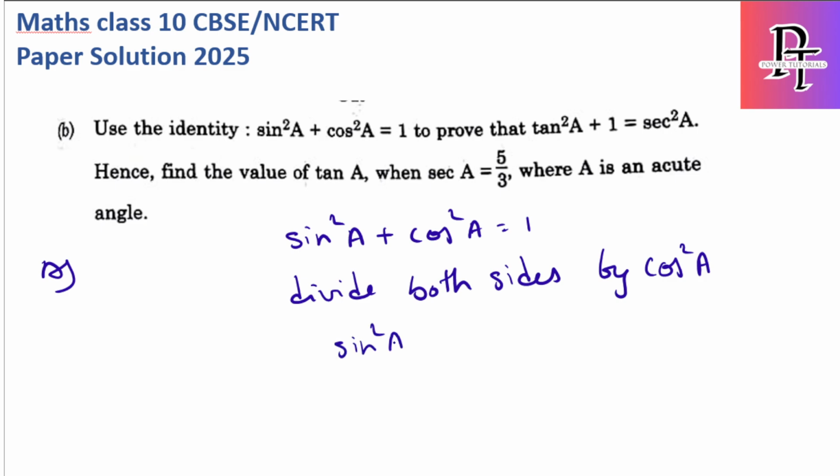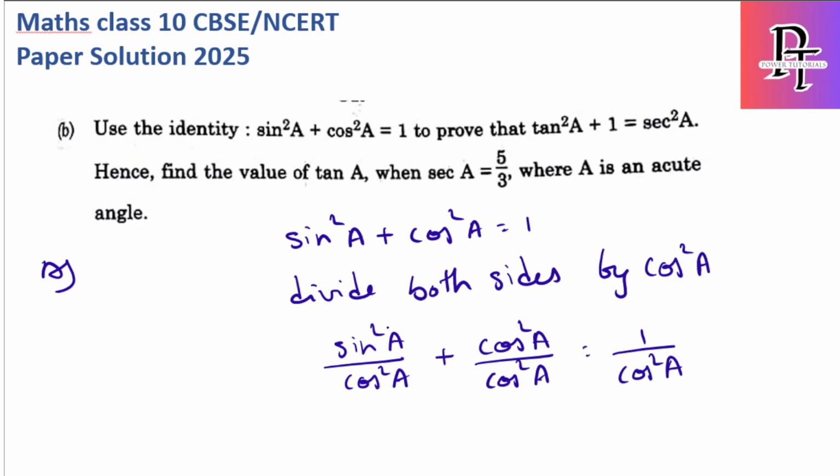This I will write as sin square A by cos square A plus cos square A by cos square A is equal to 1 by cos square A. So this I can say it is tan square A plus 1 is equal to secant square A.